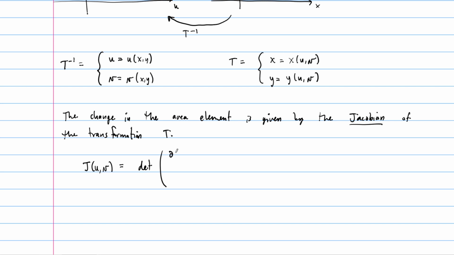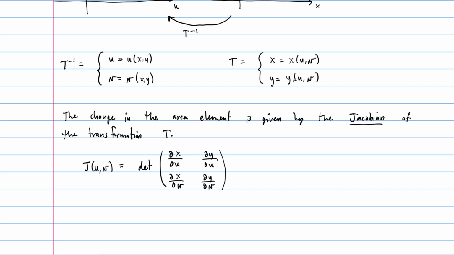So it's going to be dx by du, dx by dv, dy by du, and dy by dv. Okay, and so this is the matrix of partial derivatives of the two functions in the transformation.